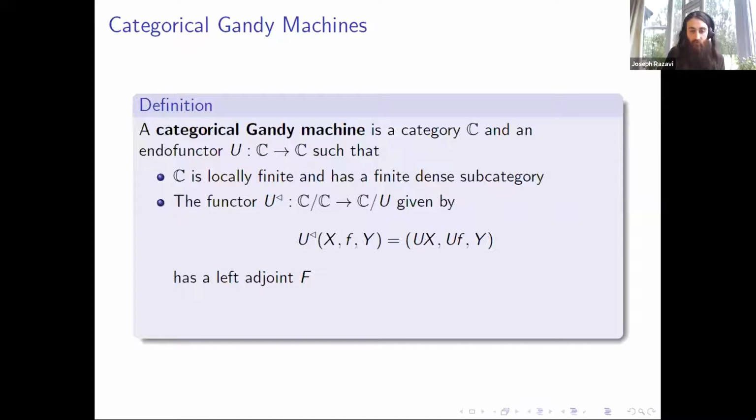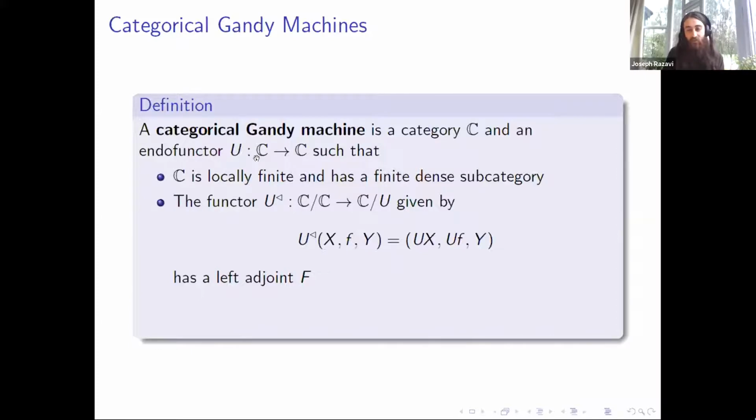Now, this condition, I think, is saying that U, our original functor, is a parametric right adjoint. I hesitate a little bit there because when we first started looking into this, people who defined parametric right adjoints in the literature that we found always defined them in the case where C has a terminal object.